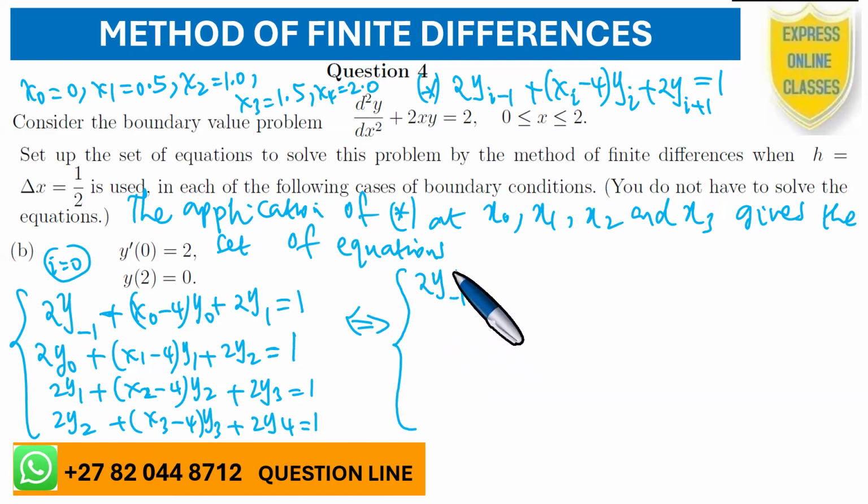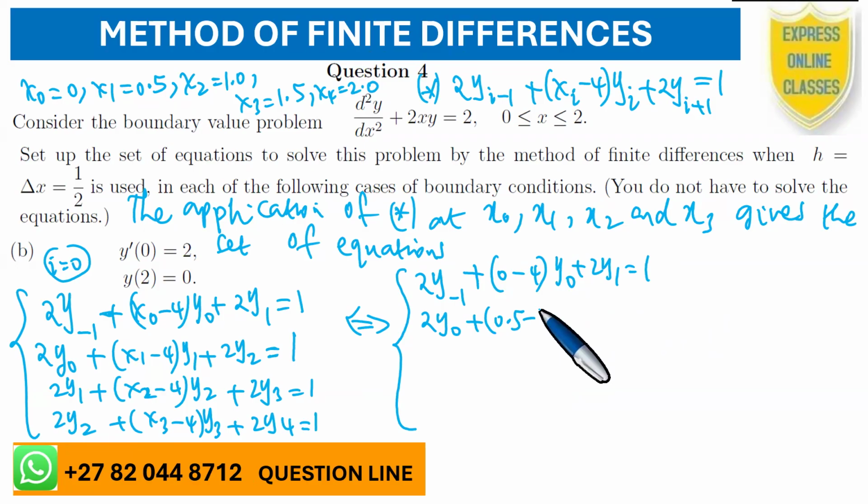If we take x0 to be 0, that's going to be 0 minus 4 y0, and then 2y1 equals 1. Then 2y0 plus x1, and x1 is 0.5, so 0.5 minus 4 y1 plus 2y2 equals 1.